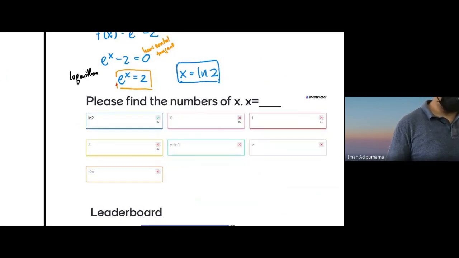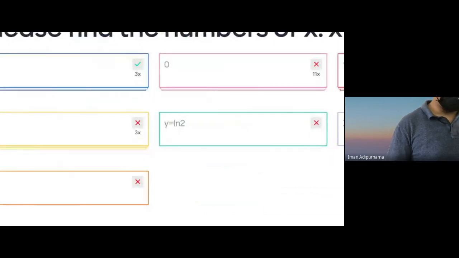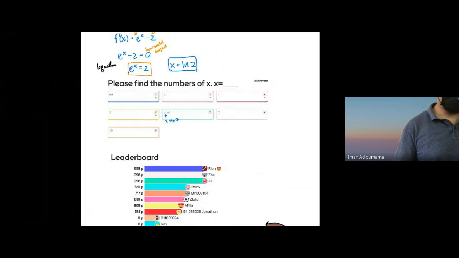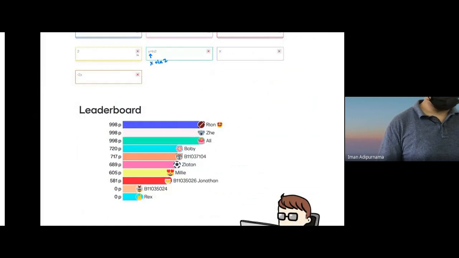Most of you did a good job. This should be x.